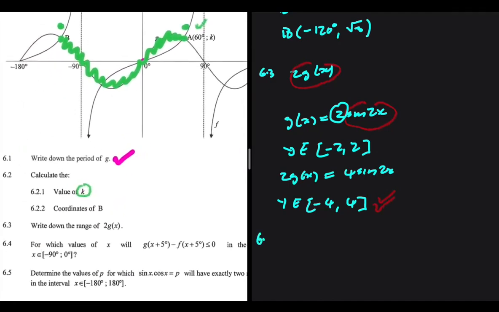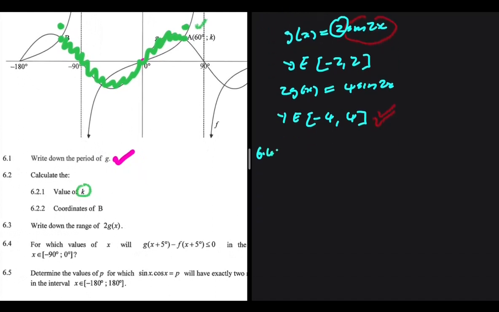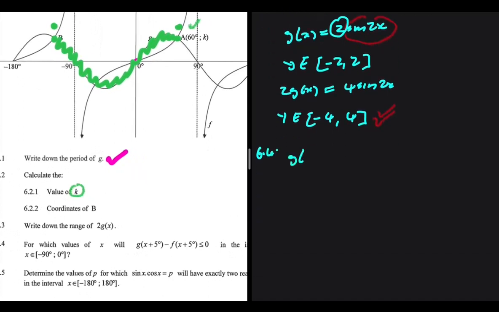Right, 6.4. For which values of x will g of x plus 5 minus f of x plus 5 be less or equal to 0? So we have x plus 5 and x plus 5. But before we can determine that, let's instead determine g of x minus f of x being less or equal to 0.